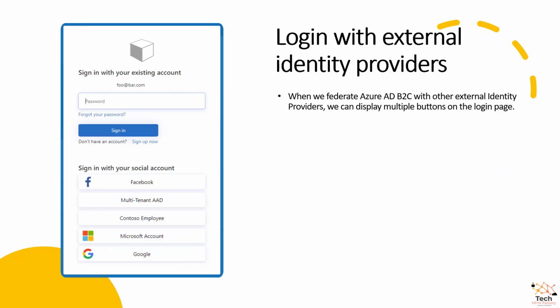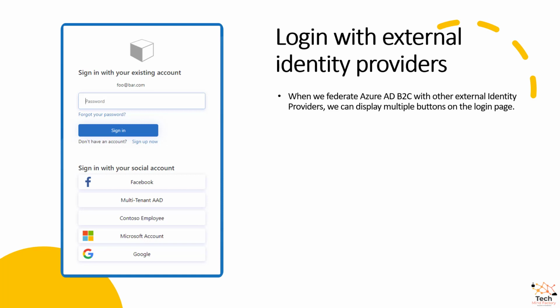Let's start with login with external identity providers. When we federate Azure AD B2C with other external identity providers, so when we build this trust relationship between Azure AD B2C and external identity provider, we can display multiple buttons on the login page. And this is basically what we can see on the left side of this slide.